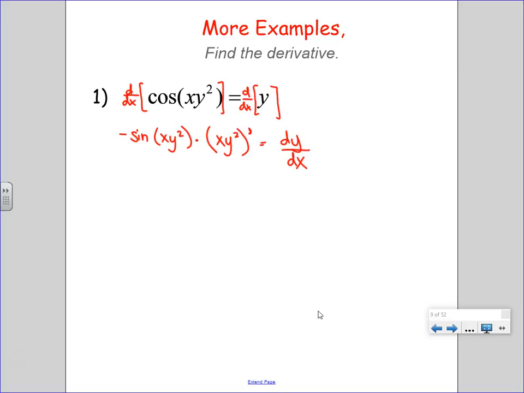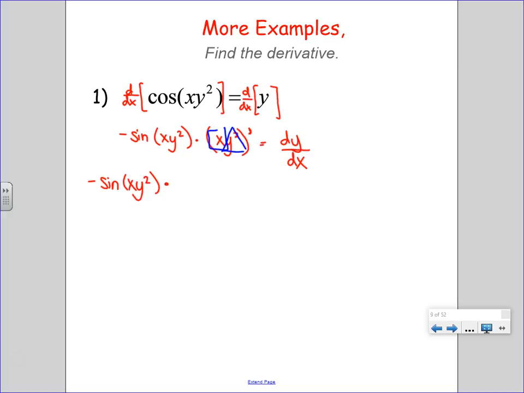It's time to take the derivative of that little inside. Some of you were just trying to do it all at once, and maybe it turned out just fine. But what rule do we have to use? X times y squared, right? Keep that negative sign of xy squared just as it is. He's fine.